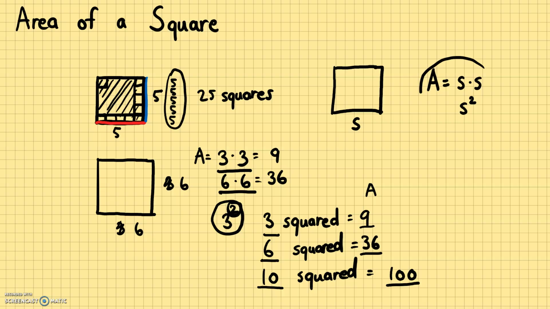So this is what you need to do to find the area of a square. But more importantly than memorizing the formula, I want you to understand the concept of why we got this formula. When you're finding the area, you're just multiplying this length times that length. But since both of the lengths are the same in a square, you're just multiplying the same number 2 times.